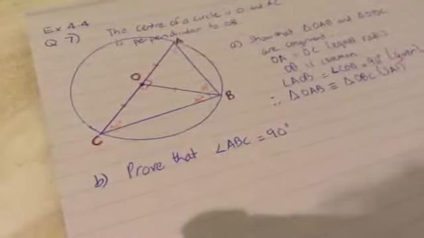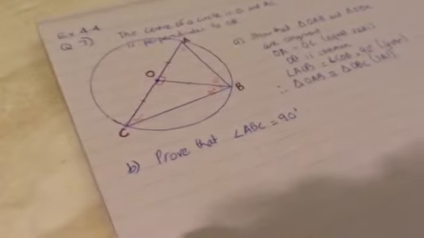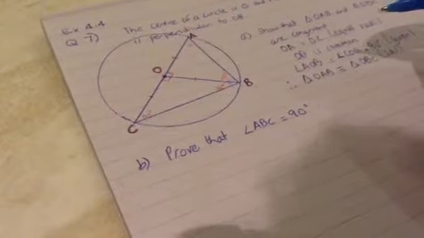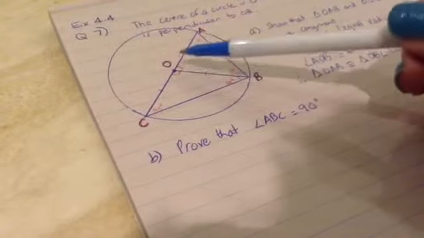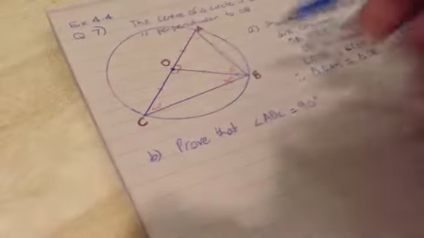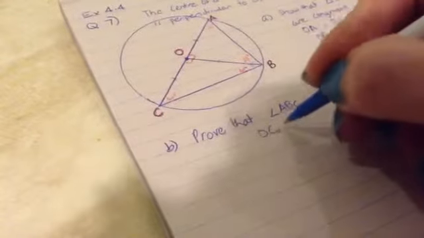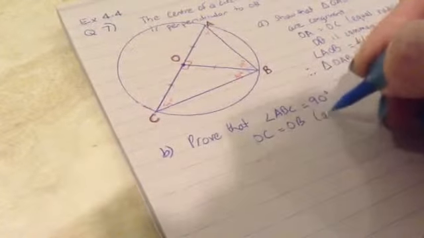Now you've got to be able to write that down. So to do that, we simply write that OC equals OB, equal radii.